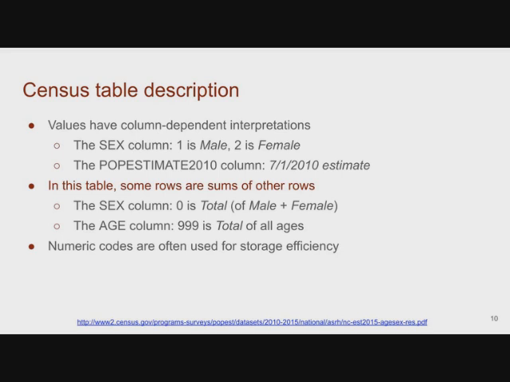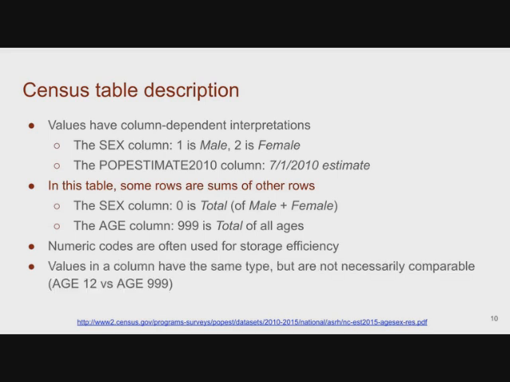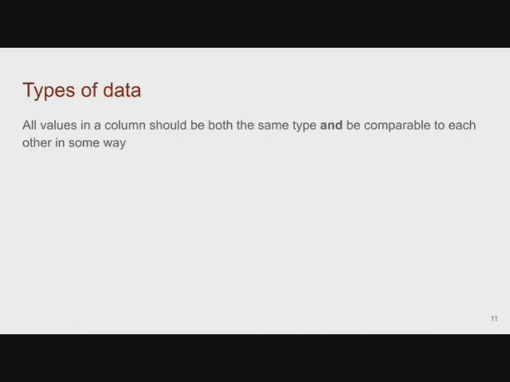You can encode it in 1 byte of information as opposed to a big long character string. So this is a fairly common thing that you'll see: numbers that are really representing a category, which I think is a nice segue into our next topic, which is types of data.